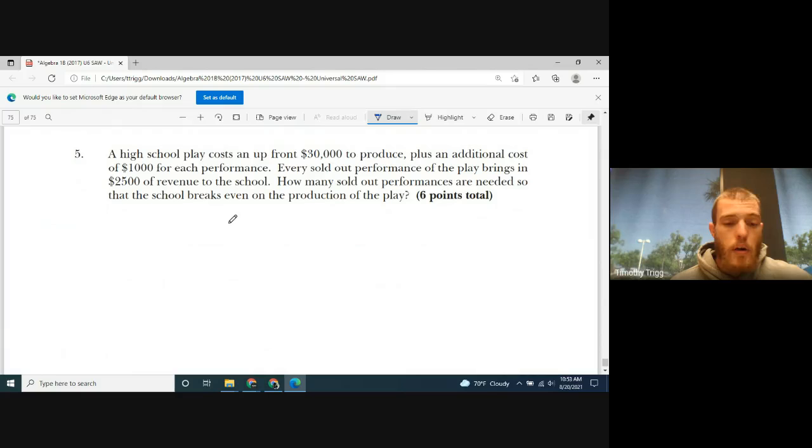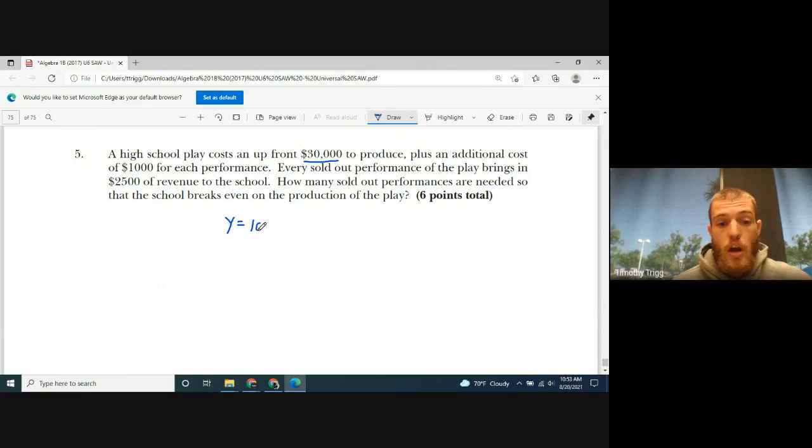So first, we're going to write two equations here. Basically, these two equations are going to represent the cost and the revenue. So the cost of the play is $30,000 to produce, plus an additional $1,000 for each performance.